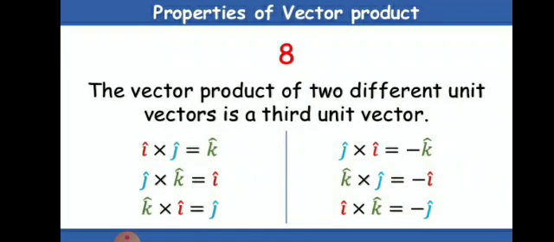Okay, see, I and J are two different unit vectors. Now we are getting the product as the third unit vector, that is K cap. So in all the cases you can observe K cap cross I cap is equal to J cap. Now if it is reversed, J cap cross I cap is equal to minus K cap.